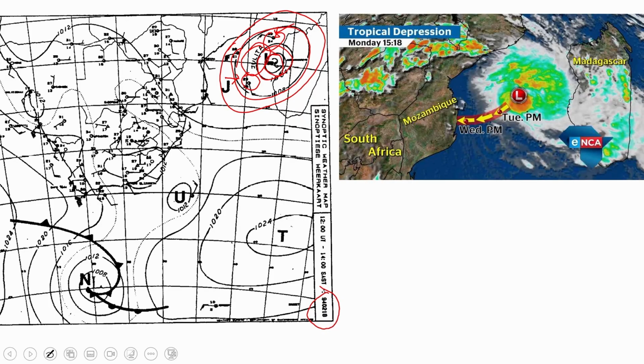Okay? My area of interest here is the warm Mozambique Channel. Remember, that's a tropical depression relating to the tropical cyclone. And look at the movement. Tuesday to Wednesday, moving from east to west. And if you draw a line here and another one here, you can see that generally this moves away from the equator.